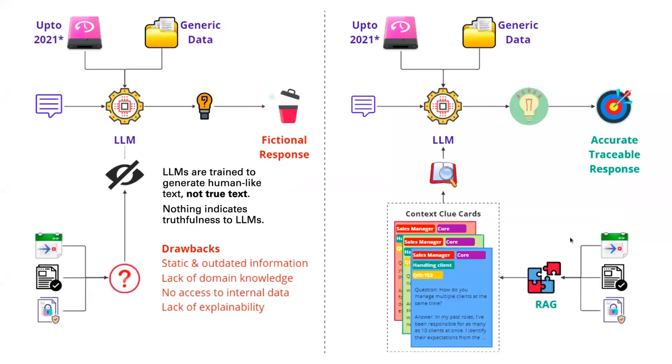Yeah, so you can see here, these are the context clue cards. These are put together based on the data that you collected from interview preparation, right? So these questions are related to sales manager. Now what you can see here is not only do you have multiple clue cards, you also have different questions in each clue card. So you have the question and answer. But what's even more important is you have these tags like sales manager, core, handling client, question ID.